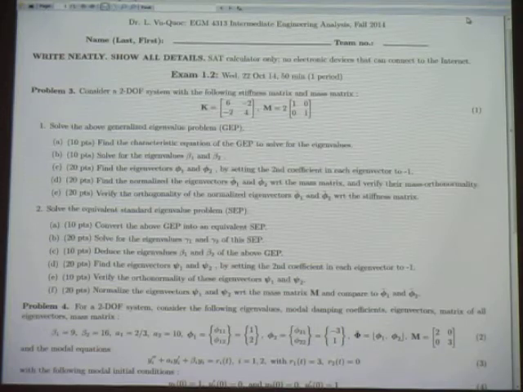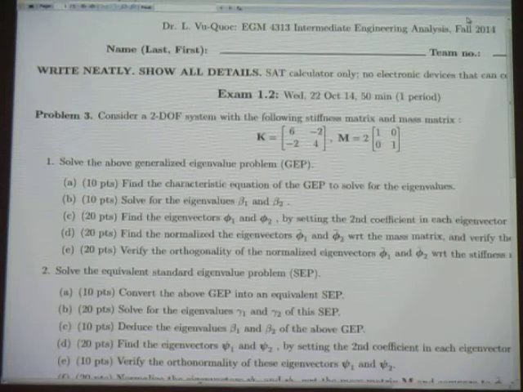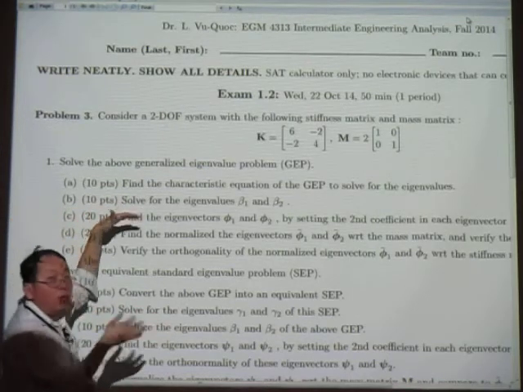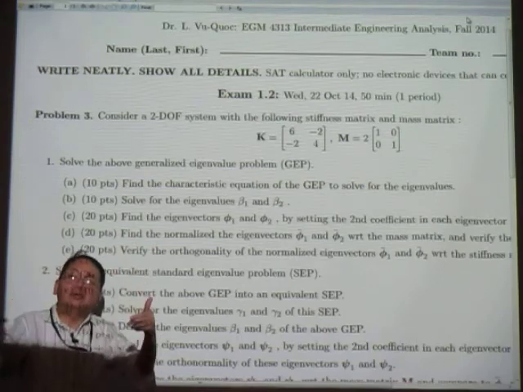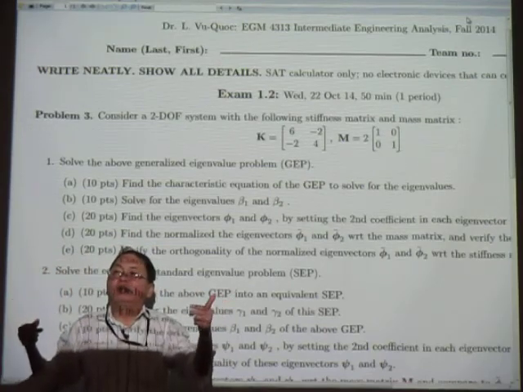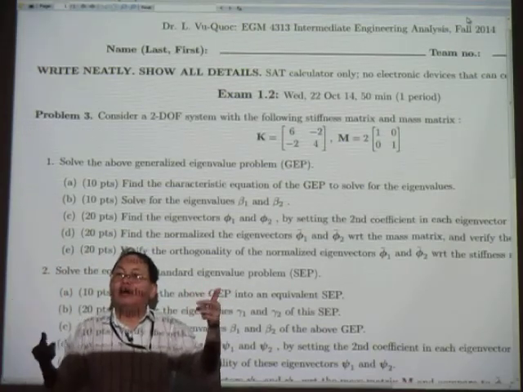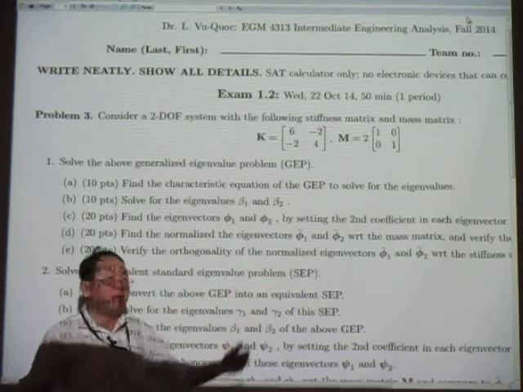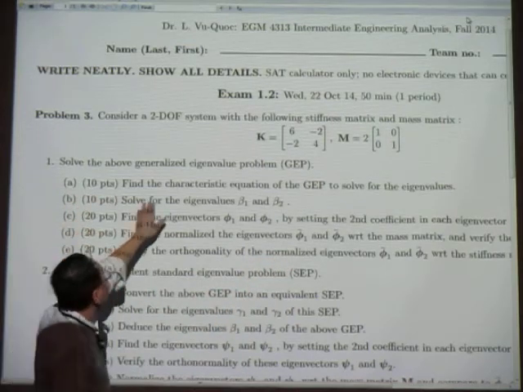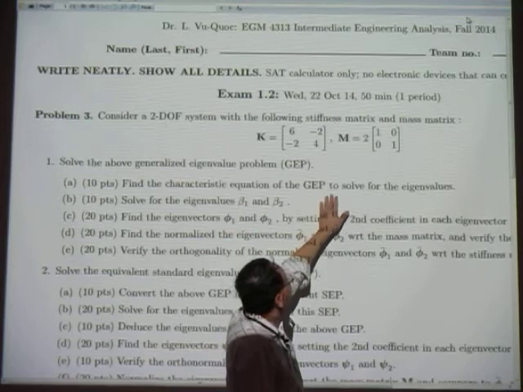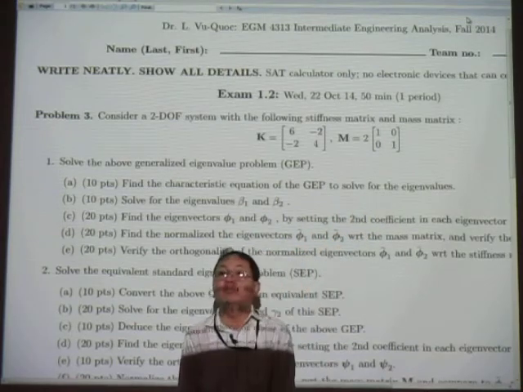You see my exam style is that I break the problem into small questions. So essentially that's the hint. If you just answer the small questions, eventually you solve the problem. So the first question is to find the characteristic equation of the generalized eigenvalue problem to solve for the eigenvalues.